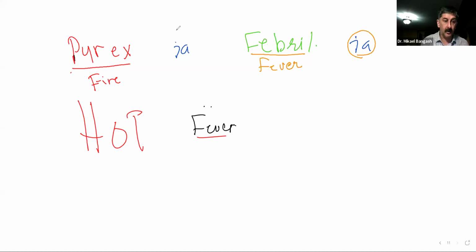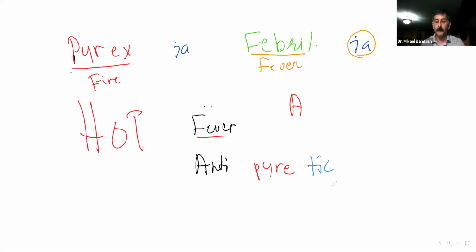Now, do any of you have Tylenol at your home? What does it say on the bottle of Tylenol? It may say anti-pyretic, where ic here means pertaining to.